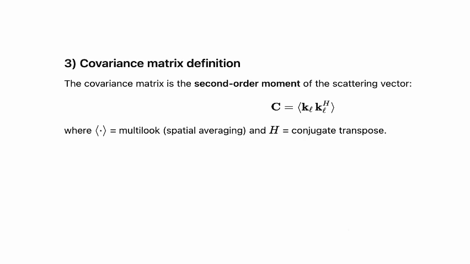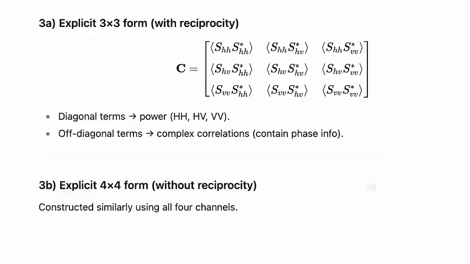Here the brackets denote multilooking, averaging over a small window of neighboring pixels, and a superscript H means conjugate transpose. If we assume reciprocity and use the three-component vector, the covariance matrix is a 3x3 Hermitian matrix whose entries are averaged pairwise products of the S elements.